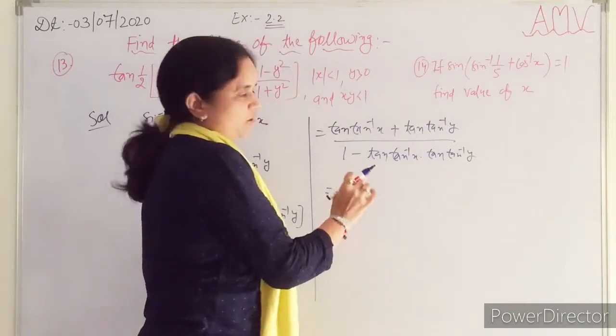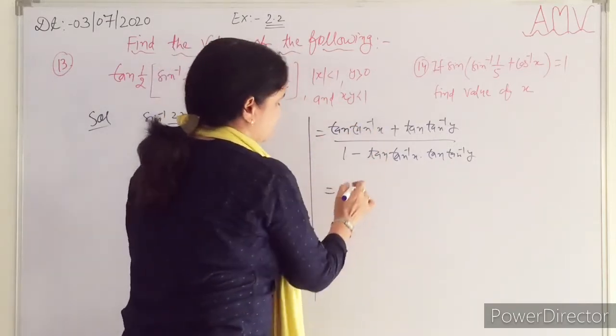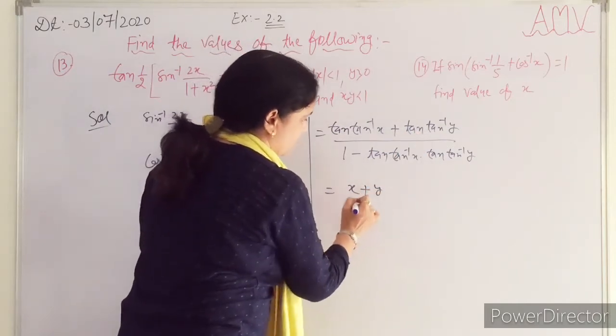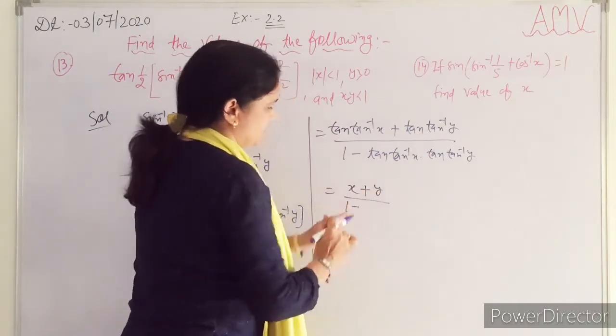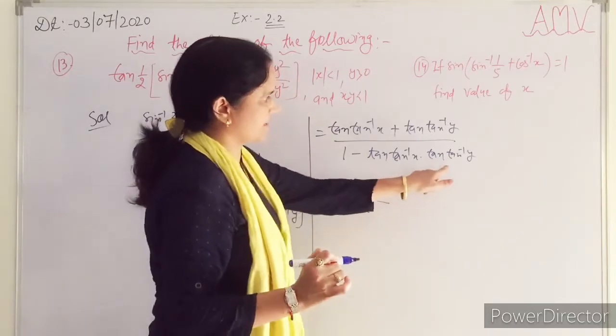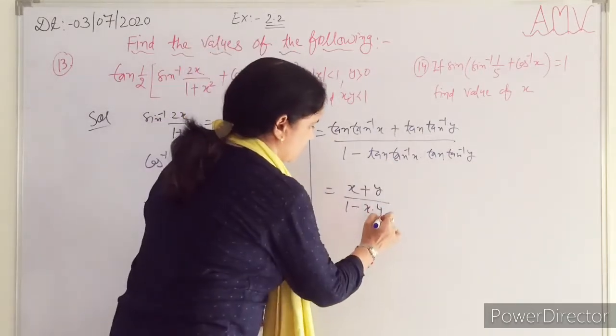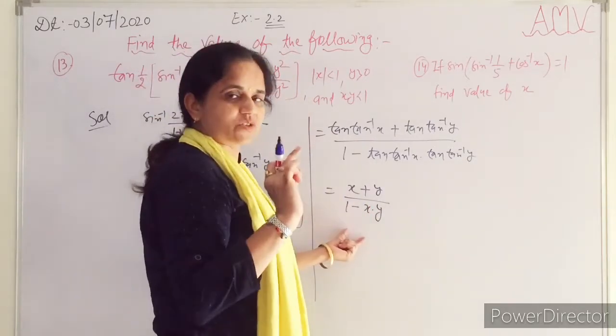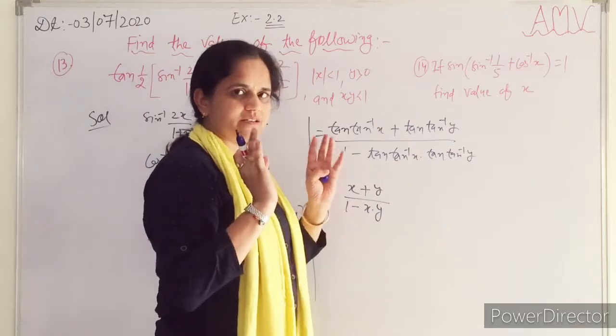Now tan inverse x gives only x, tan inverse y gives y. So the answer of this question is x plus y upon 1 minus xy.